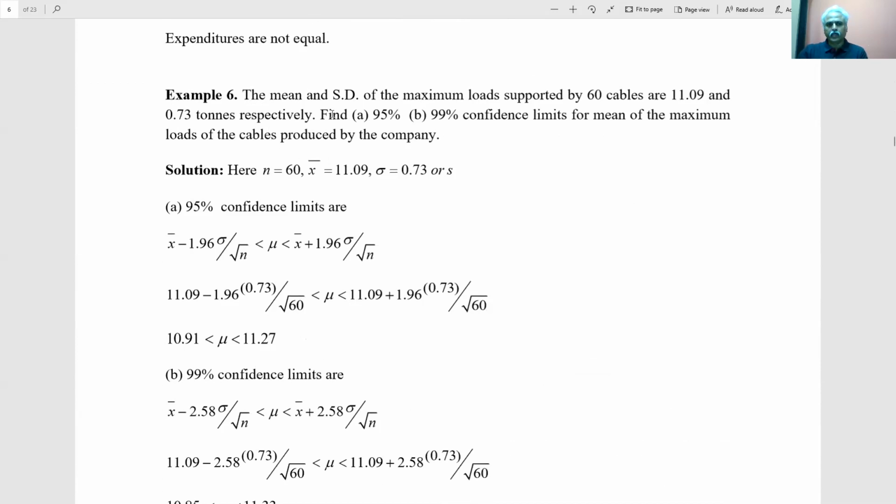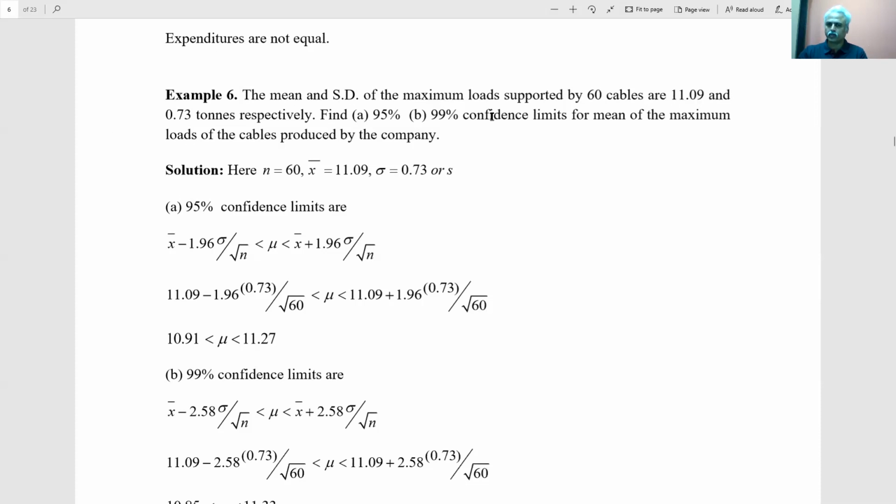The mean and standard deviation of maximum loads supported by 60 cables are: mean is 11.09, standard deviation is 0.73 tons. What is the meaning of this? A company is manufacturing 60 cables, maybe copper cables, maybe any cable, and there is a bearing capacity, that is on average 11.09 tons, with plus or minus 0.73 tolerance.